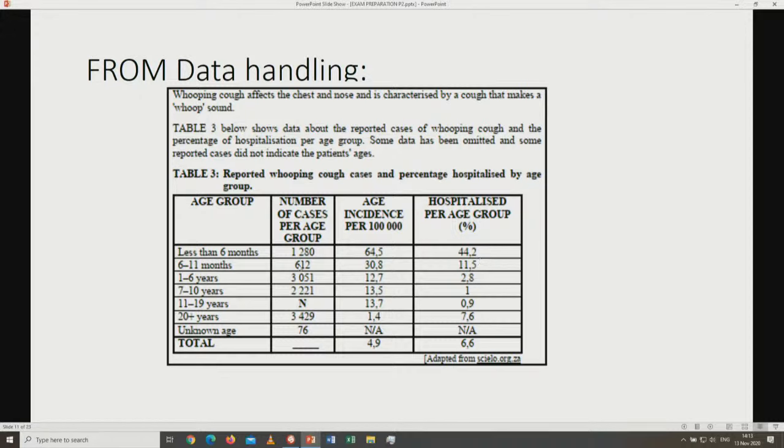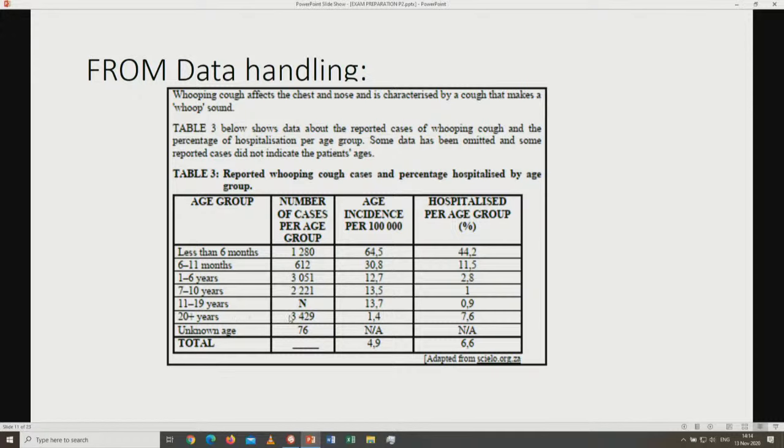And then the number of age groups will, of course, correlate with this, where you will see, okay, this is the number that are hospitalized, that have to go to hospital. If you look at babies, are they the ones who get the whooping cough the most? Then you say children 1 to 6, they are getting whooping cough more than babies.